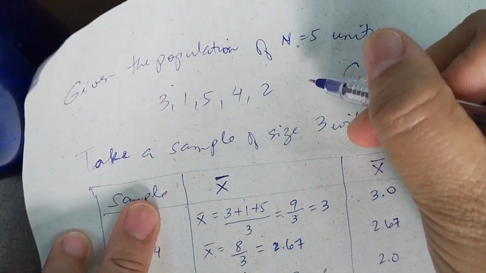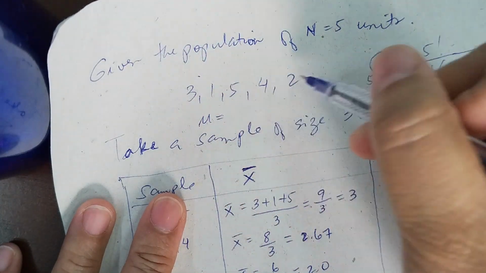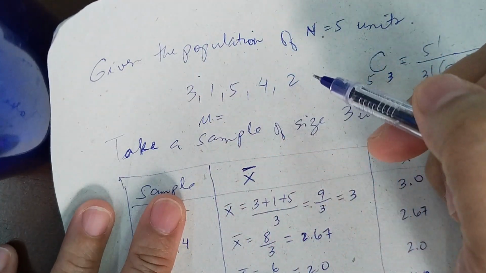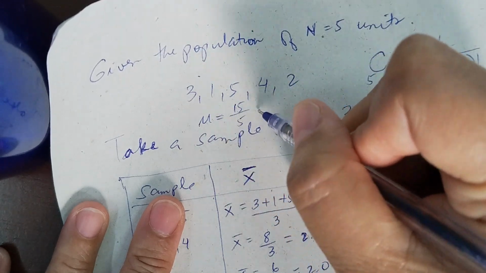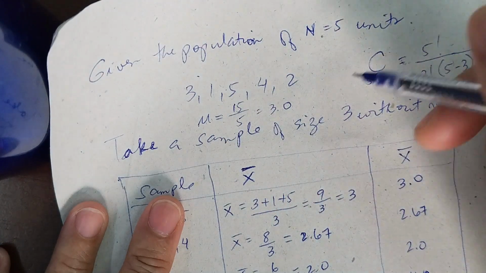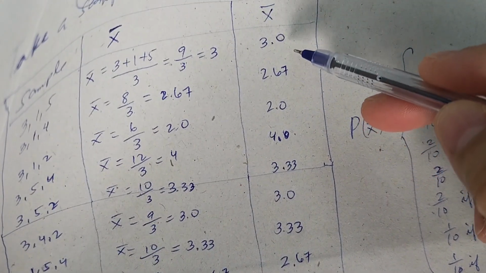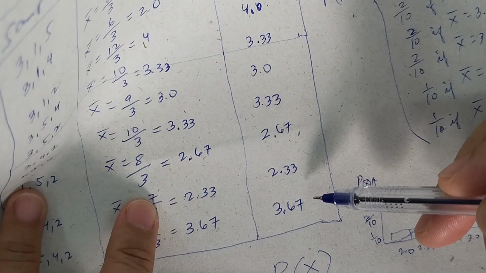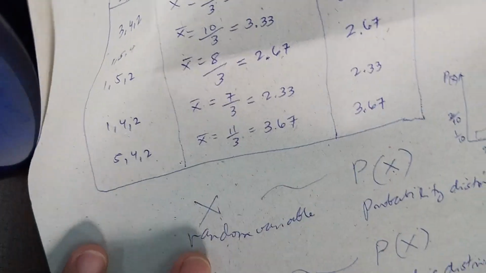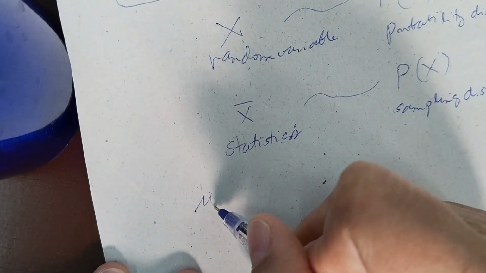Ano nga ba yung mean natin dito? Your mean is called mu, the population mean. We add all this: 3 plus 1 plus 5 plus 4 plus 2, so that is 15. Divided by 5 observations, so our mean is 3.0. Now, ito naman, if we add all of the X bar values, let's call that the mean of all X bar.